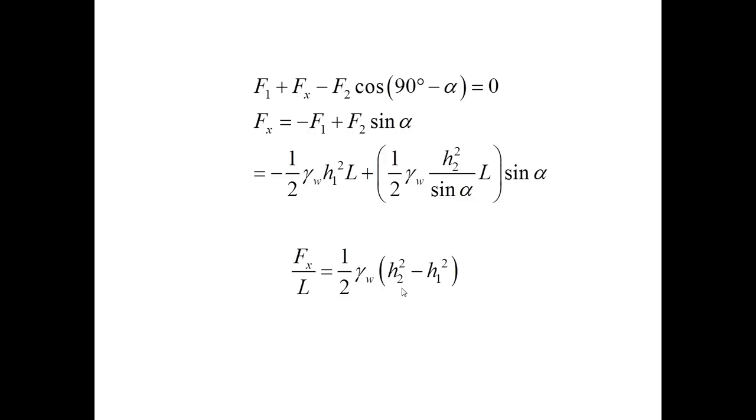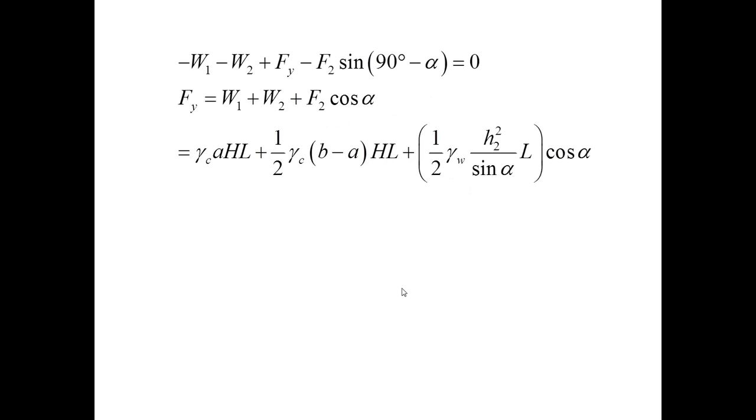What I need to know is what is the force per unit length. Also, the result is independent of the dam parameters, which is typical. In this case, what drives the horizontal force is the pressure difference, because the dam induces vertical forces only.